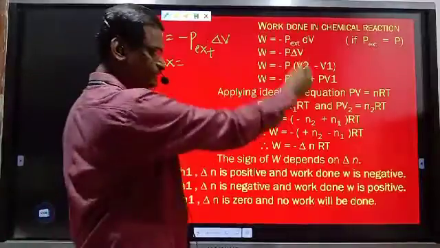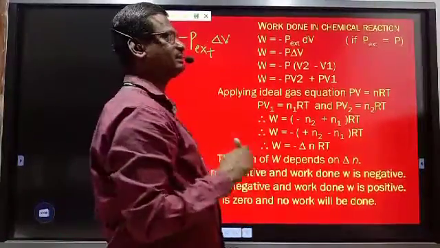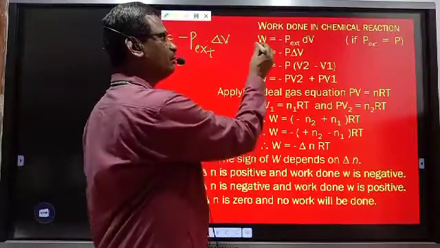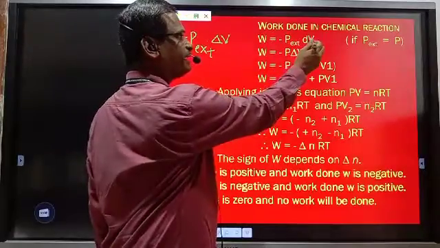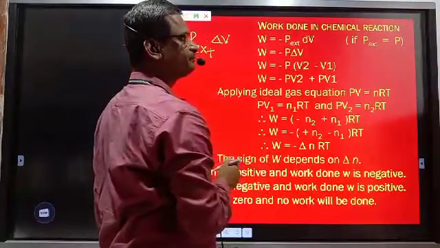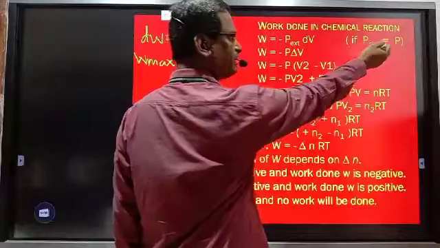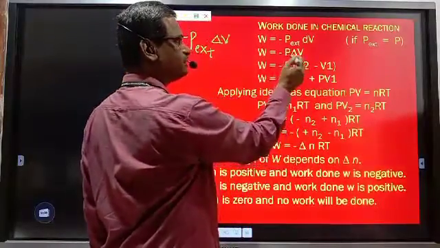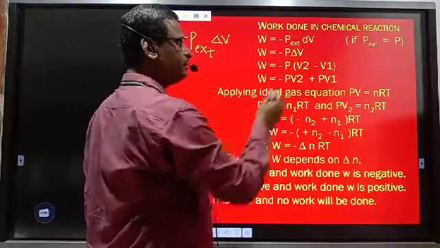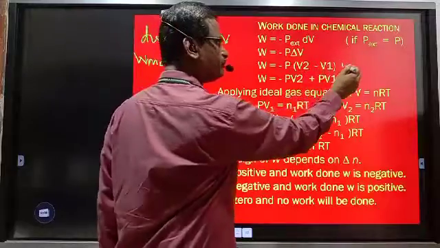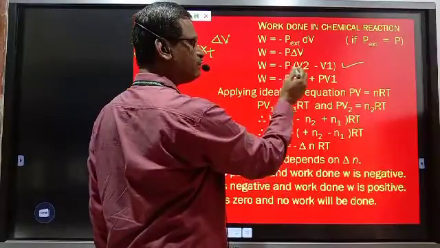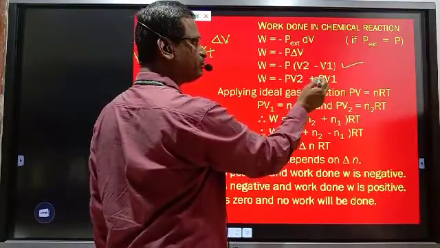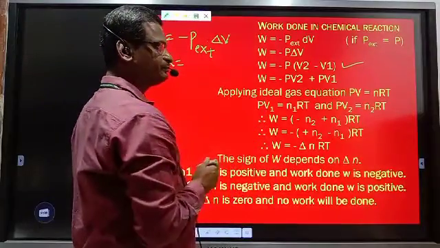Here is the expression for work done during a chemical reaction. We know work done dW is equal to minus P external into delta V. If P external is P, this is also written as W is equal to minus P delta V. Delta V is change in volume, V2 minus V1. On solving this, it is minus PV2 plus PV1.